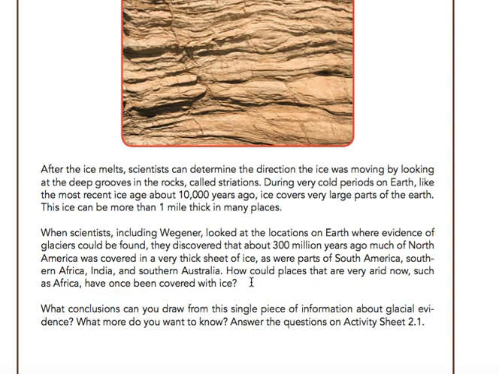Again, if we go back to Wagner's idea of Pangea, and knowing that all these places were once connected, it would make sense that the glacial grooves or striations go off in different directions. But not only that, when they were together, they were probably located pretty close to the South Pole.